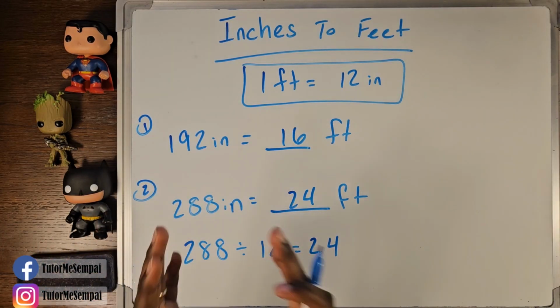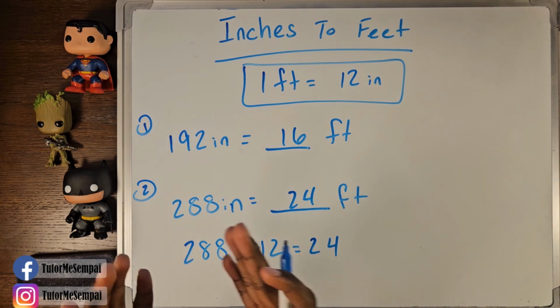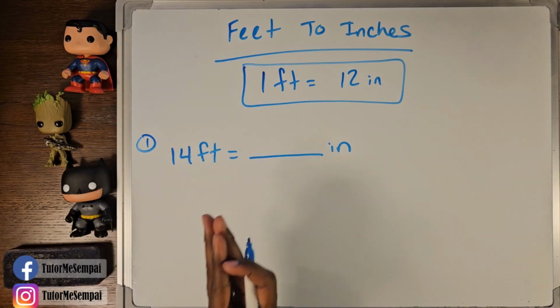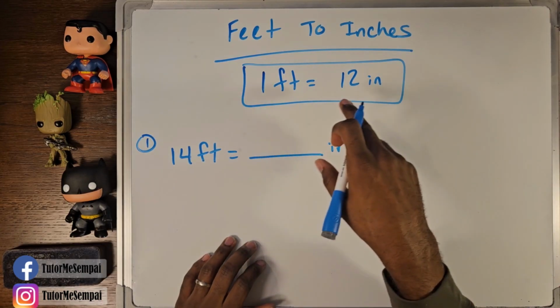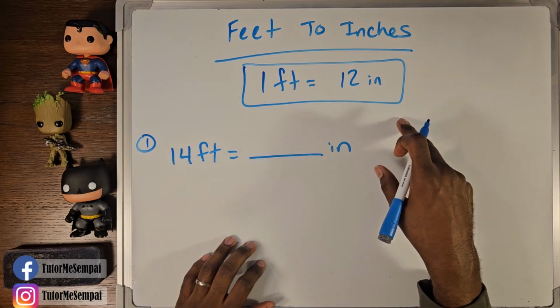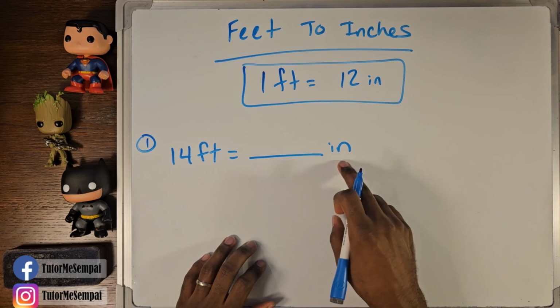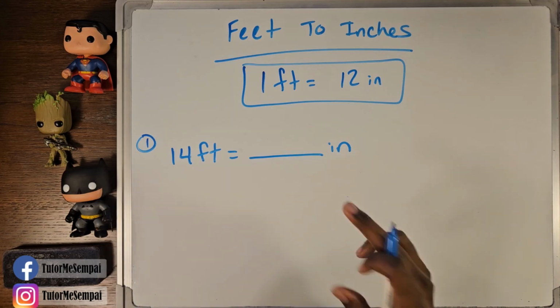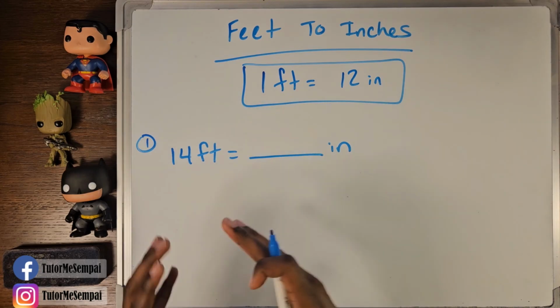So now that we've tackled inches to feet, let's talk about what we need to do in order to go from feet to inches. So let's say we were given 14 feet, and we of course know that every foot is going to equal 12 inches. What do we need to do in order to find how many inches we have when we have 14 feet? Well, we just said every foot is 12 inches, and we have 14 of them.